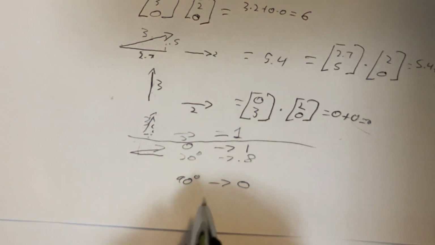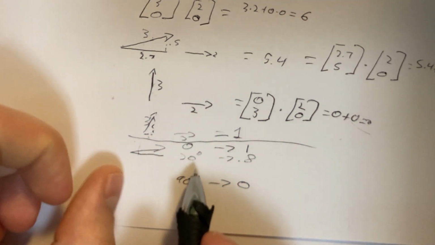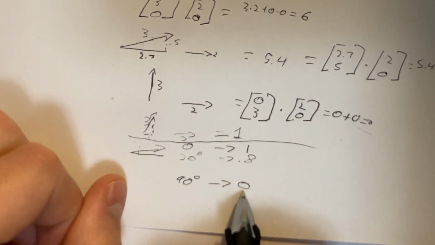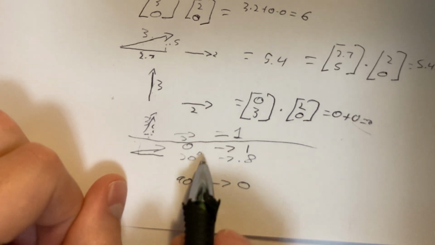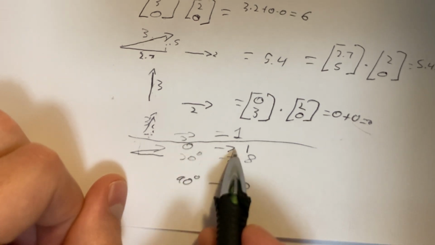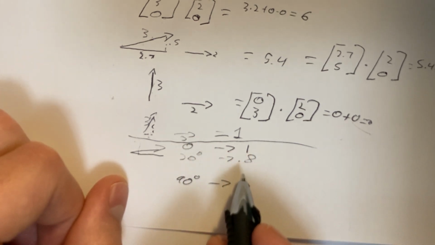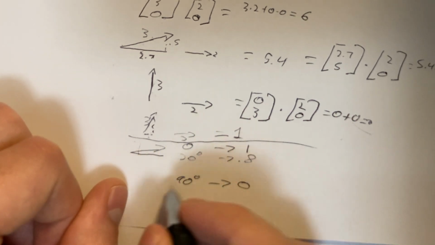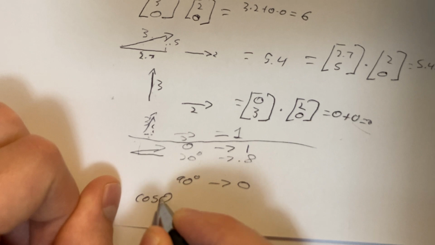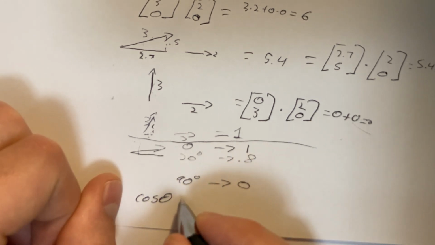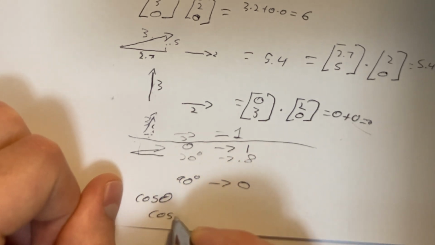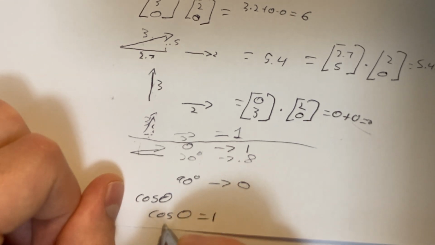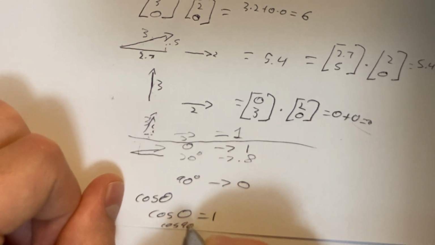So if you've been thinking about this, as the angle reaches 90, the output is 0. As the angle approaches 0, the output reaches 1. The answer to that is the cosine relation. So we know that cosine of 0 is equal to 1. Cosine of 90 is equal to 0.